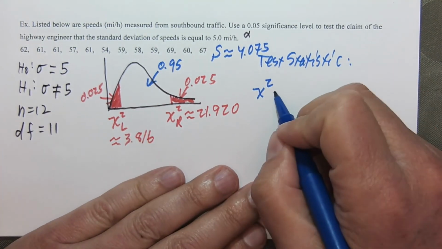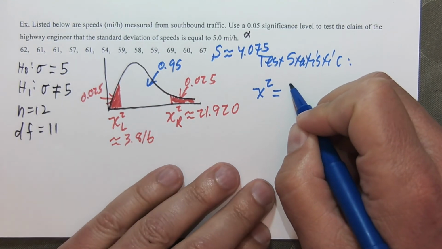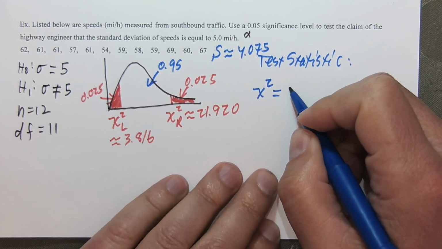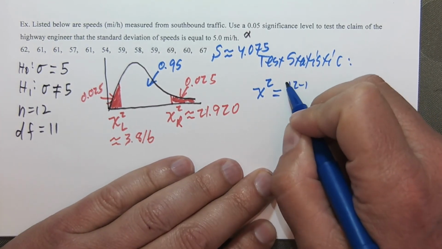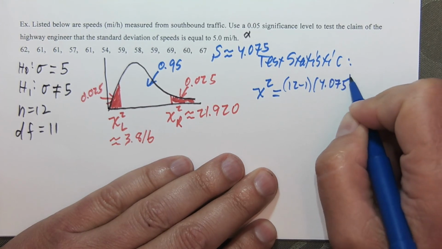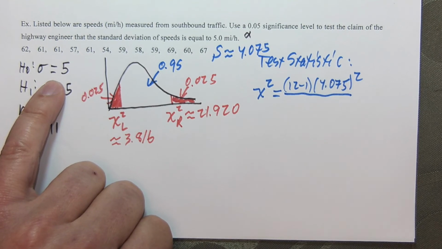So here we go. N minus 1, n in this case again is 12, minus 1, times 4.075 squared over 5 squared.